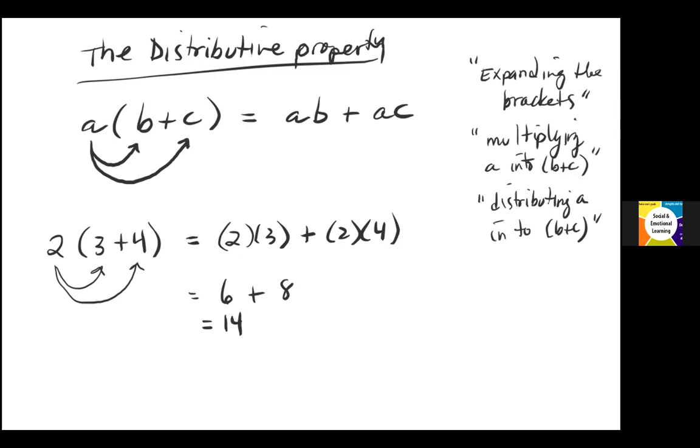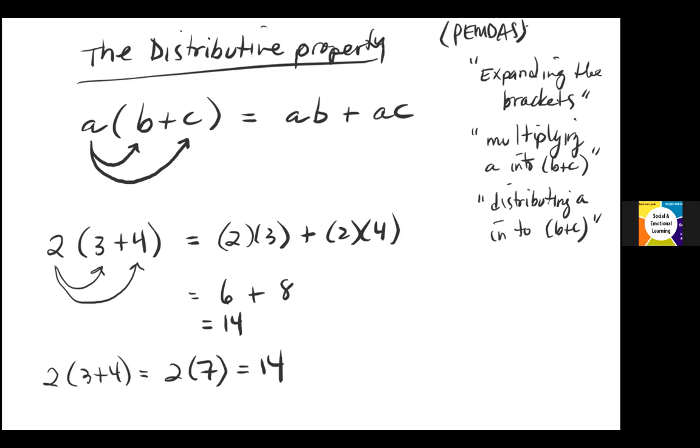We could have also just followed the rules of PEMDAS and said 2 times 3 plus 4 is equal to 2 times 7, because PEMDAS tells me to do the parentheses first, right? If you remember PEMDAS, it's saying do what's in the brackets first, and we're going to get 14.